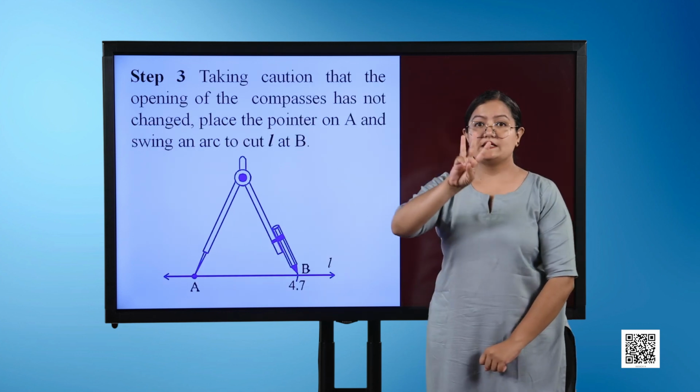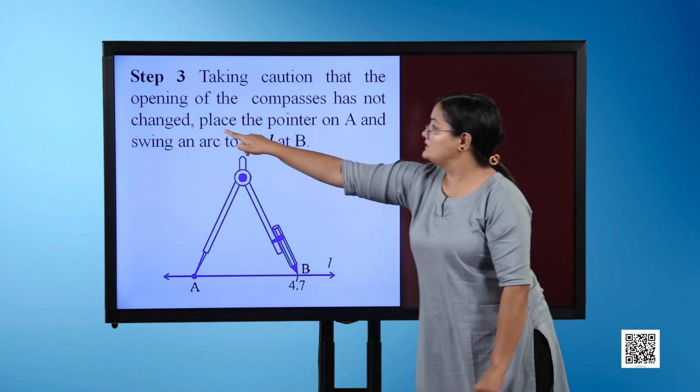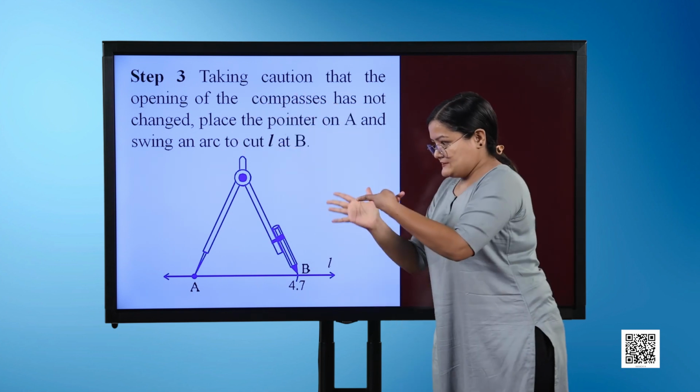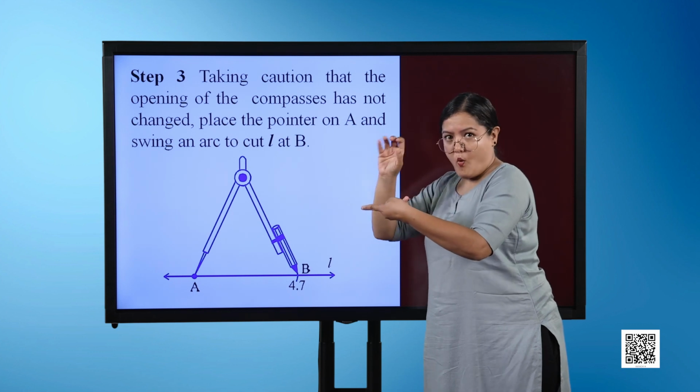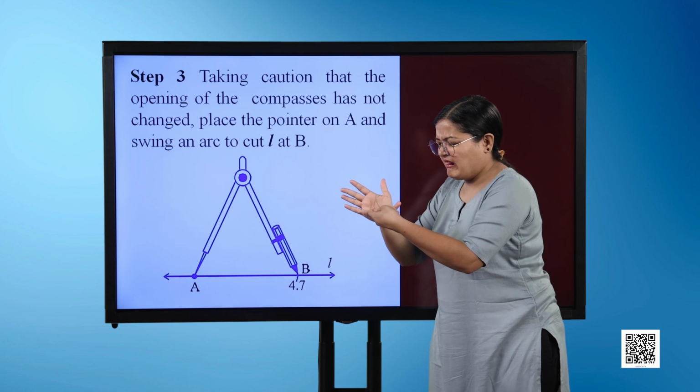Step 3. Taking caution that the opening of the compasses has not changed, place the pointer on A and swing an arc to cut L at B. A picture shows the same.